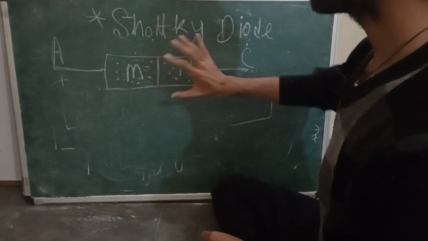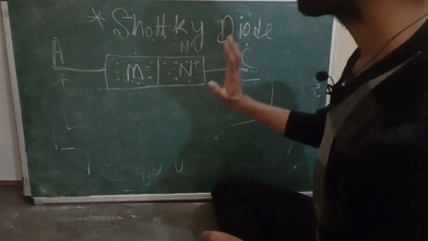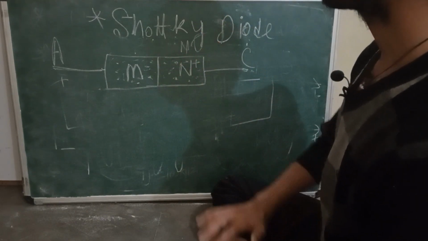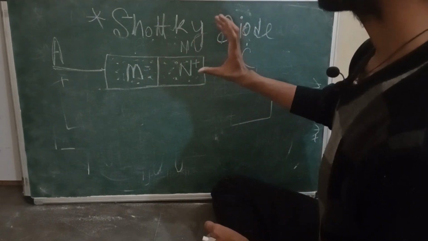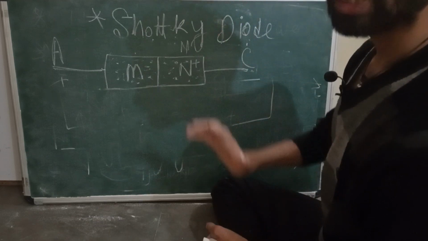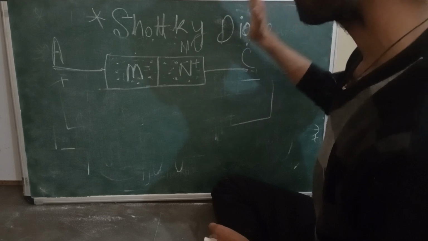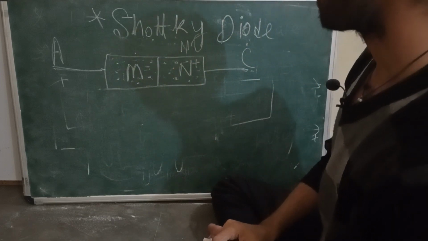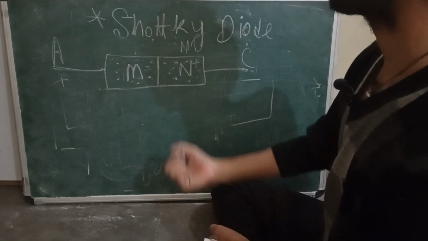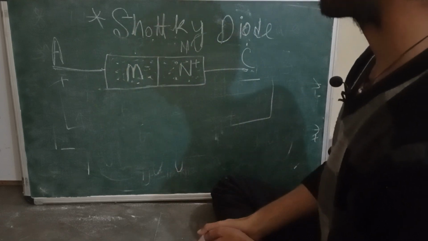Under thermal equilibrium, some diffusion process happens within this device, where the majority charge carriers start flowing from higher concentration to lower concentration. Means there is a migration of charge carriers from higher concentration to lower concentration.